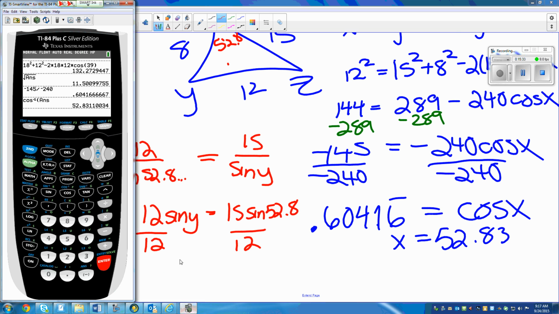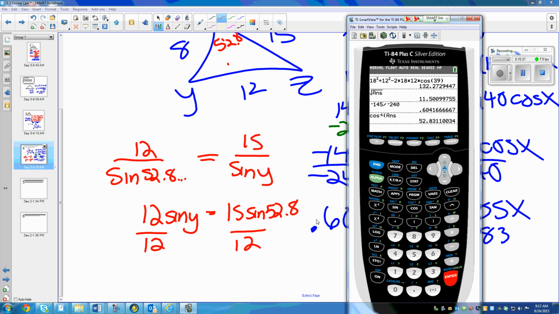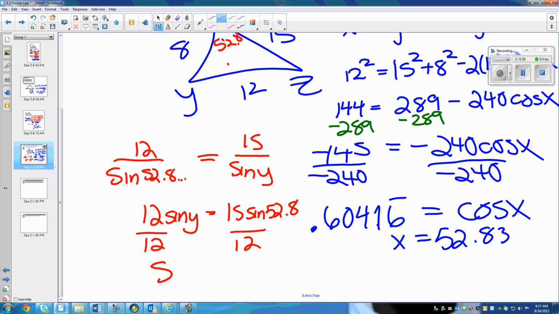So I'm just going to pull up my calculator. I have that 52.83, right? So I'm going to go sine of second answer in bracket times 15 equals divide by 12. That gives me sine y to be 0.996, right? So how do we solve for y?